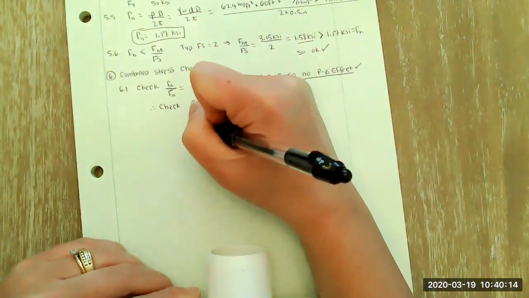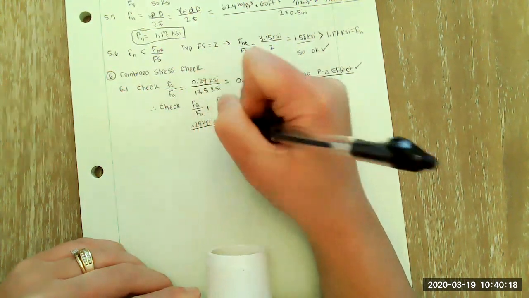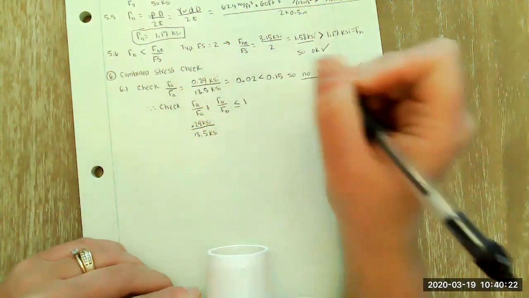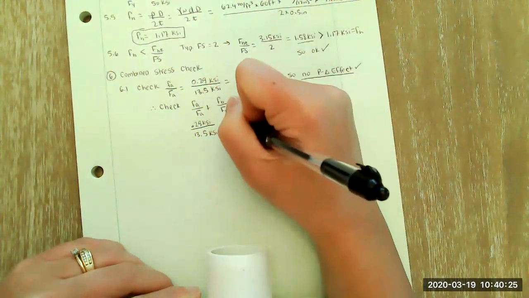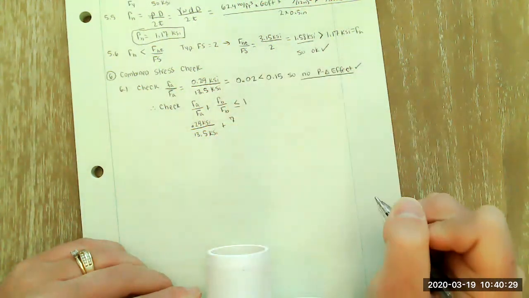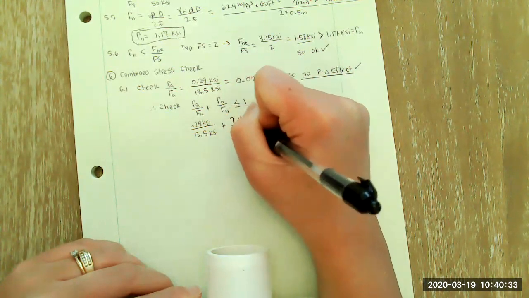Plugging in numbers, 0.29 KSI over 13.5 KSI plus, if I look back at my bending stress check, my actual bending stress was 7.18 KSI.